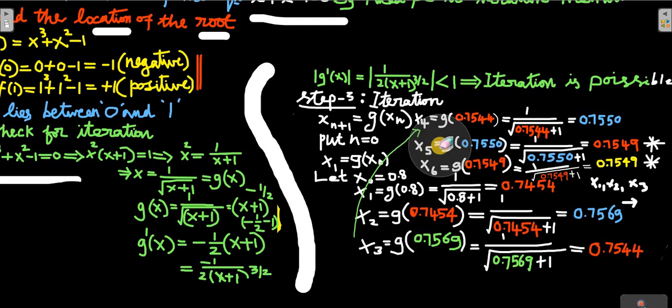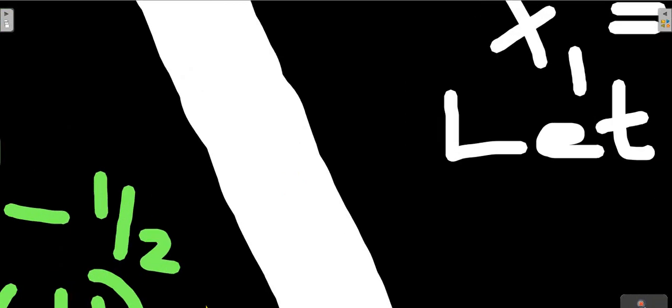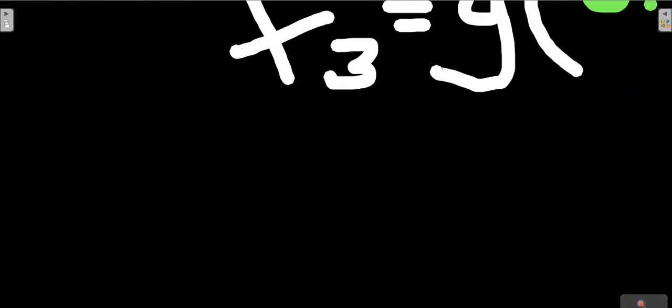Okay, so now step number 4. Step number 4 நான் எழுத முடிட்டேன். So that also we have to write, step number 4. I will write here.